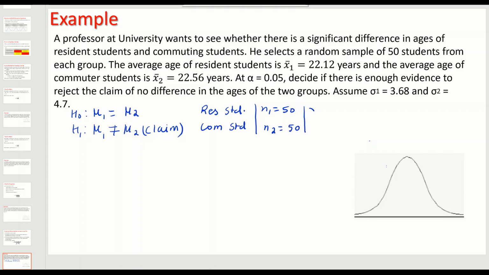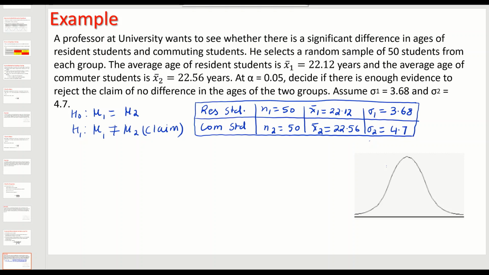Second, the mean for the first group of students is 22.12, and the mean for the second group is 22.56. And third, the standard deviation for the first group of students is 3.68, and the standard deviation for the second group is 4.7.